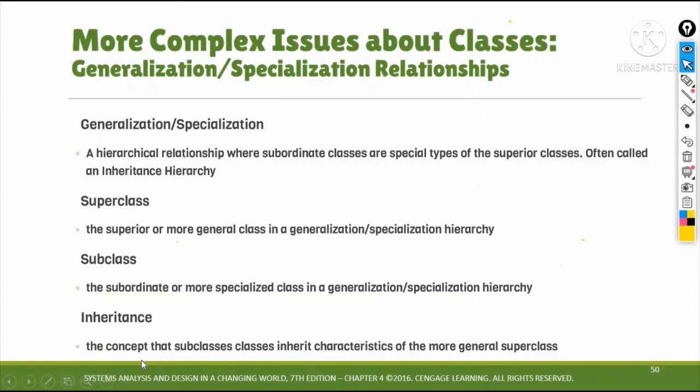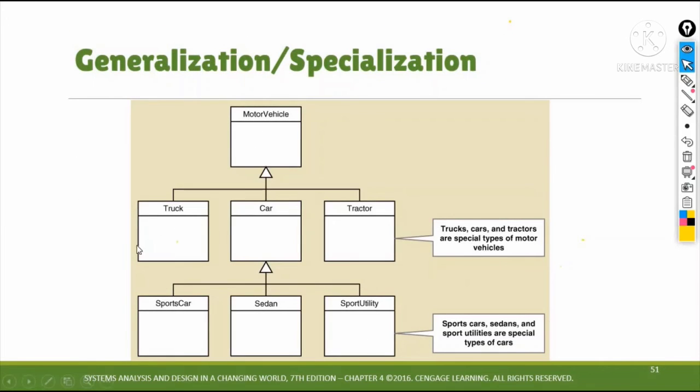So it is the concept that subclasses inherit characteristics of the more general superclass. So inheritance allows subclasses to share characteristics of the superclass. So in our example here, a car is everything that any other motor vehicle is, but also something special.